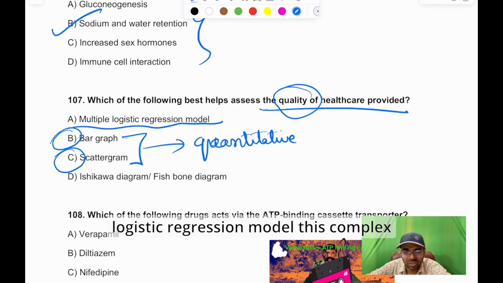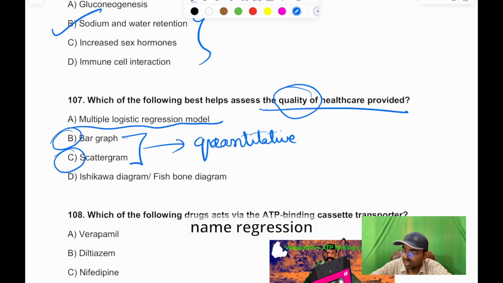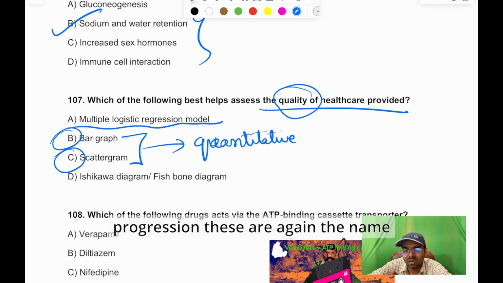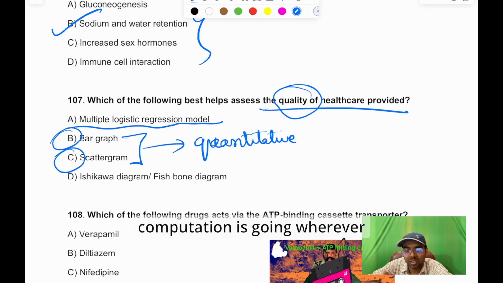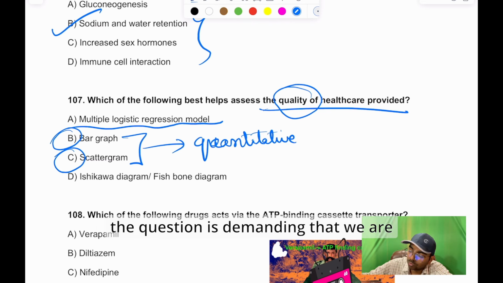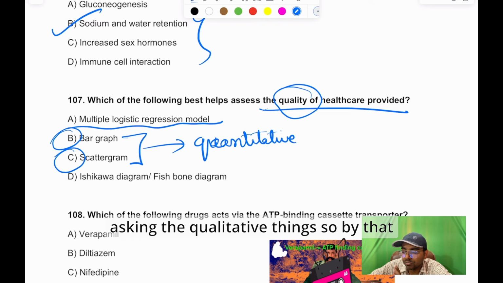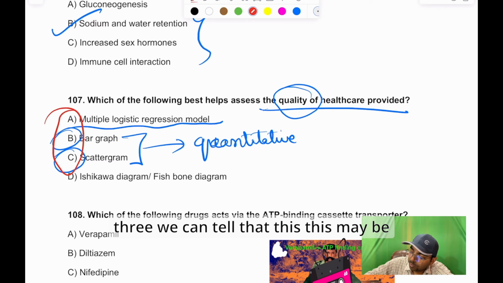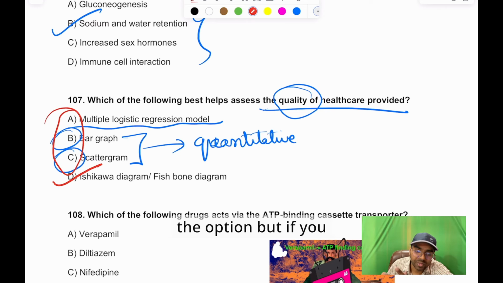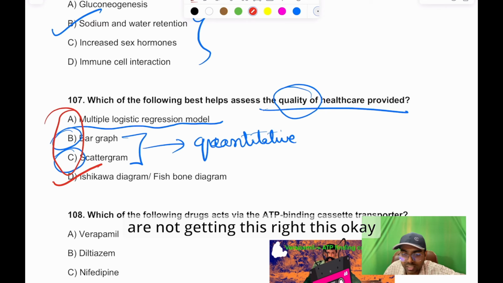And then multiple logistic regression model, this complex name, by its name itself shows that some deep mathematical computation is going on, whereas the question is asking about qualitative things. So by that logic we can eliminate these, and just because we know about these three, we can tell that this may be the option. But if you are not getting this right, okay.